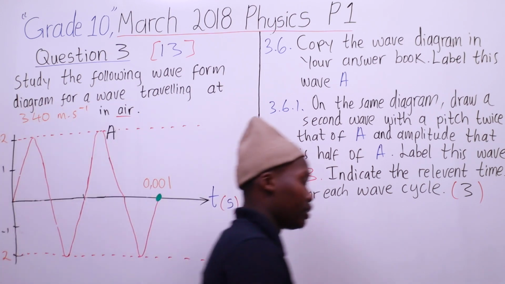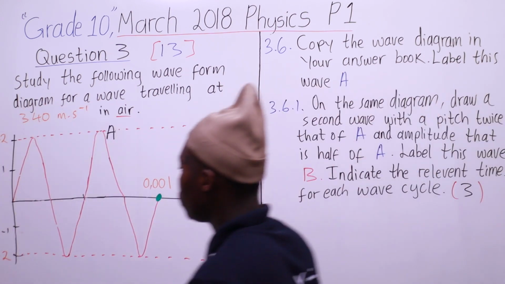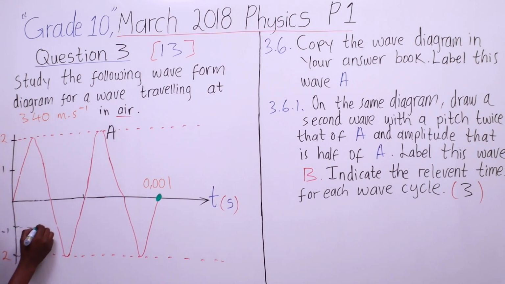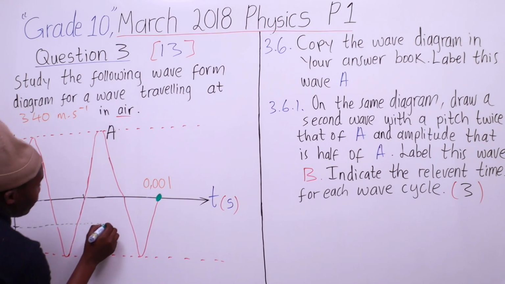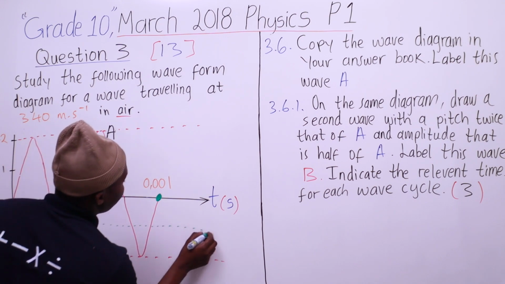Let me just use a different color. Sizojika ku positive 1 manje no negative 1.